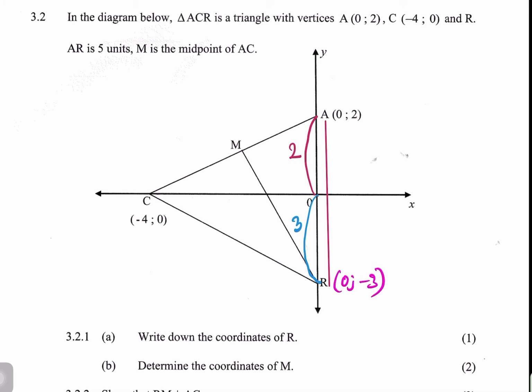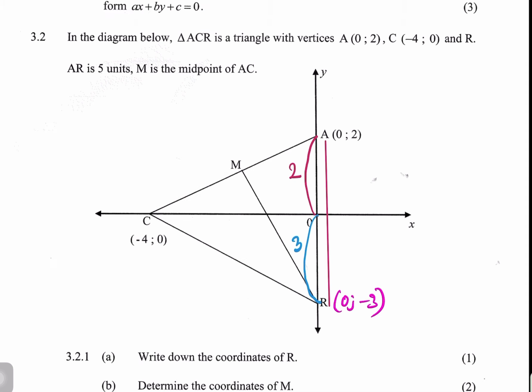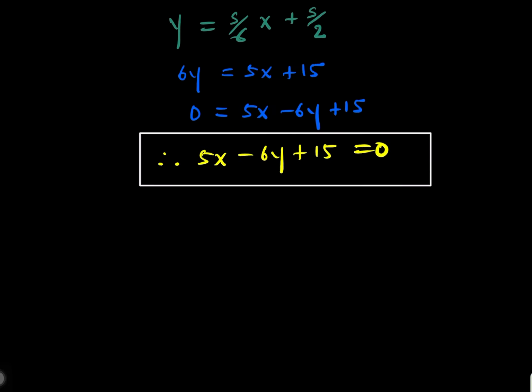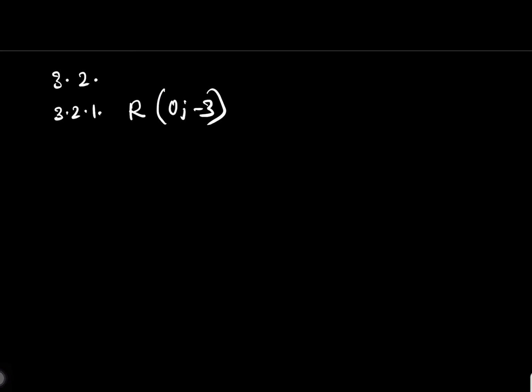Now we want to calculate what? The B part of it is to calculate the coordinates of M. But we were told somewhere here that M is the midpoint of AC. So basically they are looking for the midpoint of AC, which we can do with our eyes closed. Remember, this was the A part of this question.